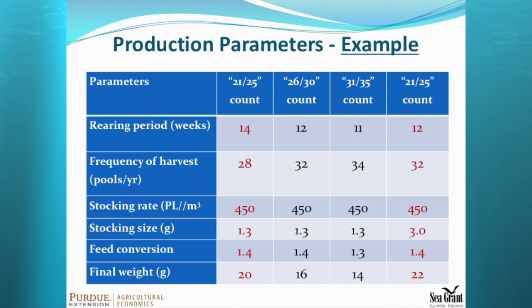And basically what it's showing is if you put a larger animal in, you're going to speed up your cash flow by shortening your growth period. So this is how you can also balance cash flow versus income, depending on if there's a differential price for the various sizes.